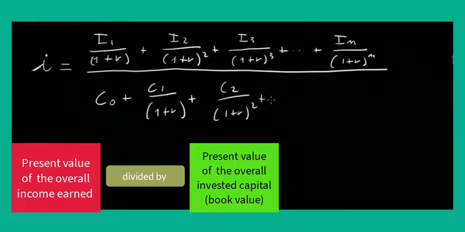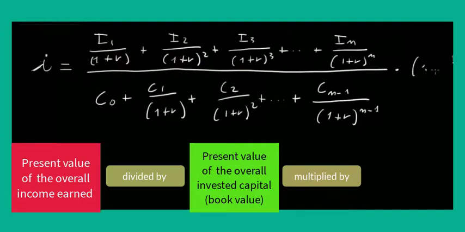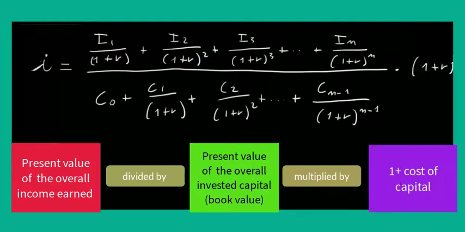And so on. The last capital invested is C of n minus 1, which is invested at the beginning of the last period, the nth period, discounted back by n minus 1. And this ratio is multiplied by 1 plus the cost of capital.